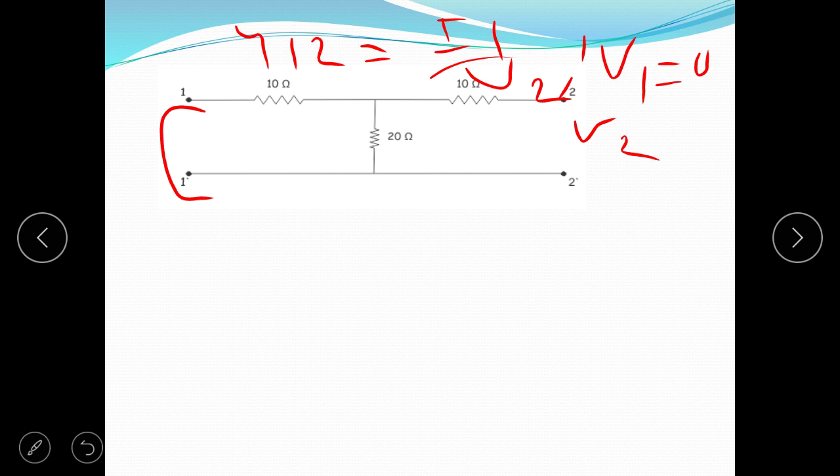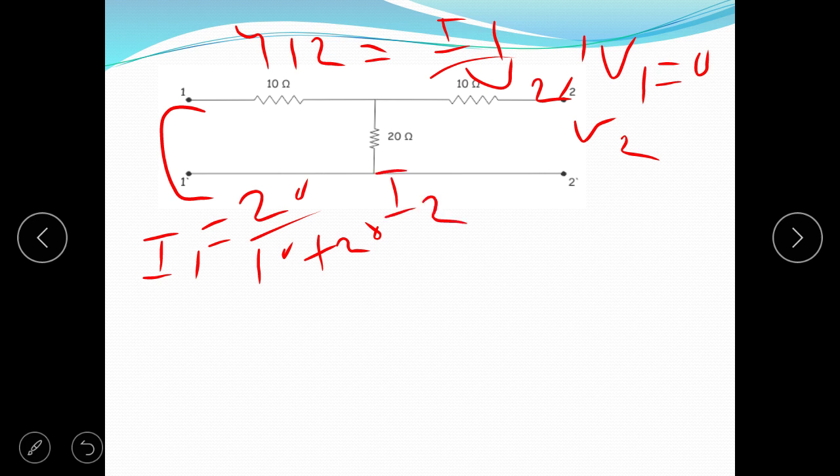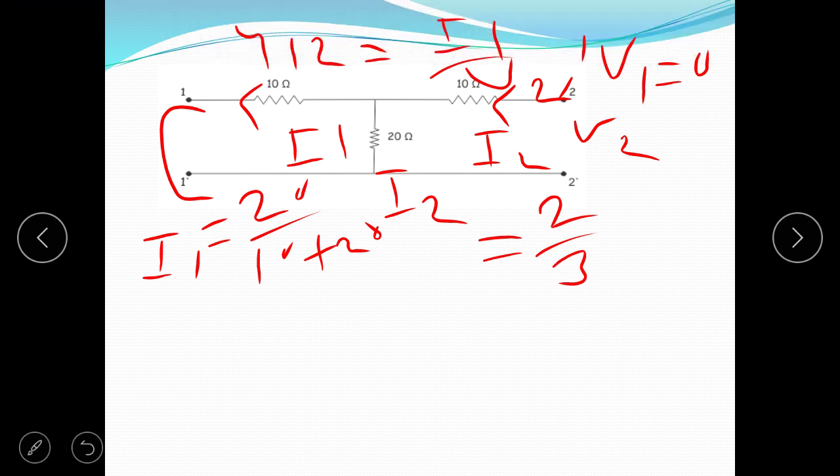I1 in terms of I2, from the current division rule, is I1 equal to 20 divided by 10 plus 20 into I2, where I2 is the current at port 2. Or simply we can write 2 upon 3 into I2.